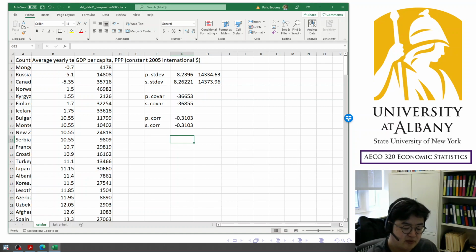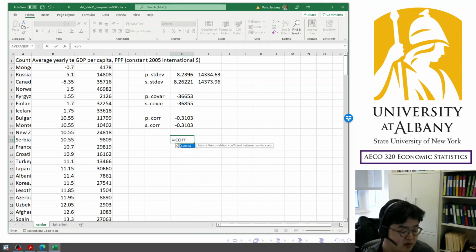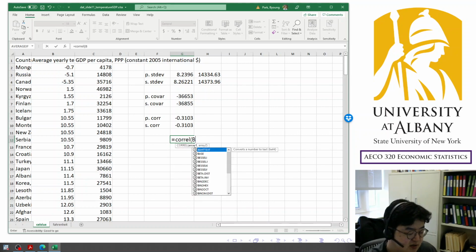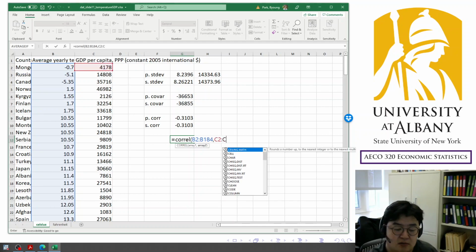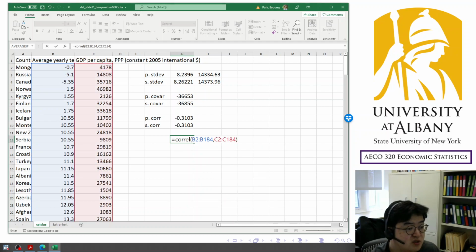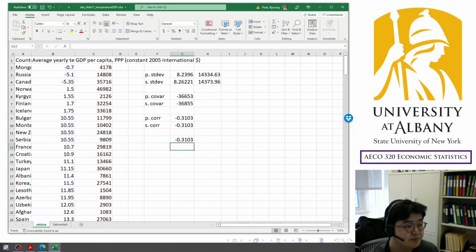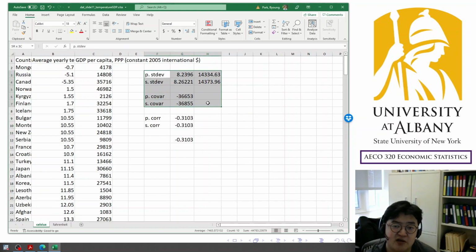And the shortcut is CORREL. This formula will calculate the correlation coefficient in one step. As they should be, they are the same thing. So I reiterated what we have done here.